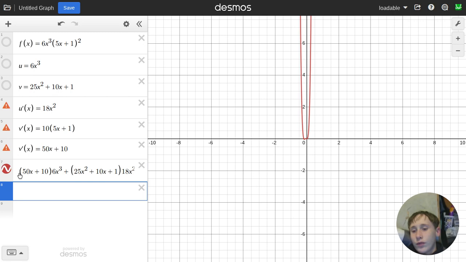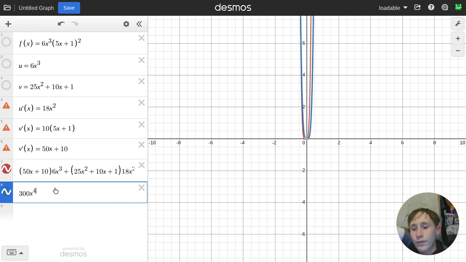So 50x plus 10 times 6x to the third. So we have 300x to the fourth, because 3 plus an invisible 1 here is 4. And then 10 times 6x to the third is 60x to the third. Easy. So that's one term down.